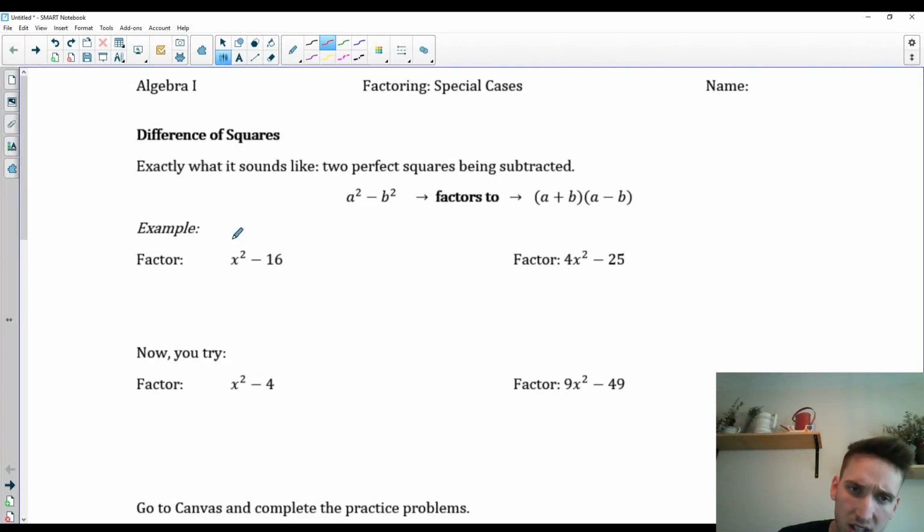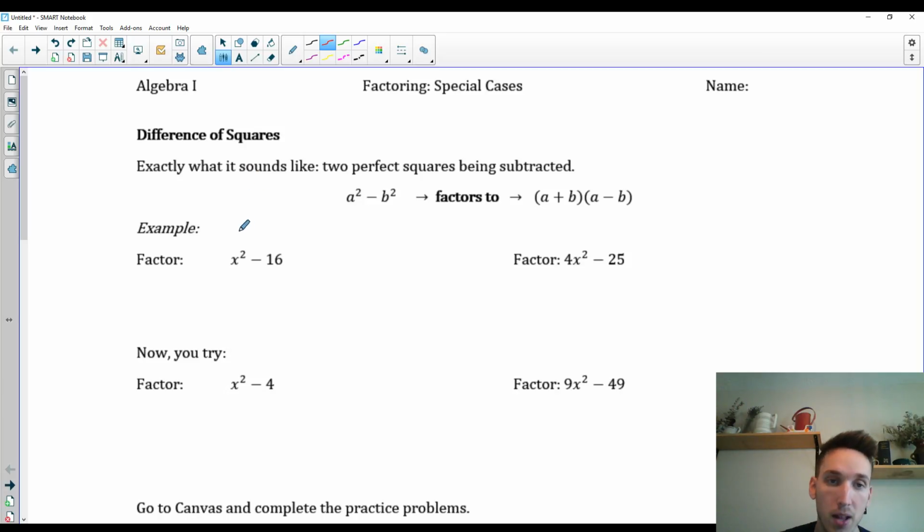So let's look at this first example: x squared minus 16. We have a bunch of different types of factoring floating around in our brains, and we've got to know how to tell when to use what type. Obviously, this is going to be a difference of squares because that's the lesson.